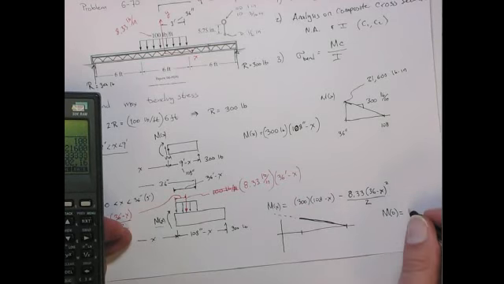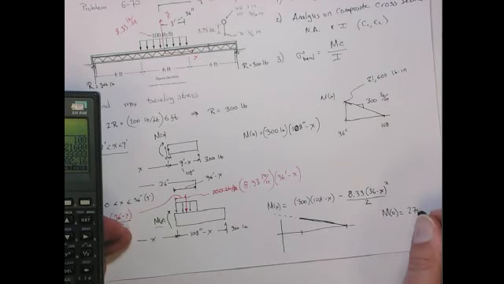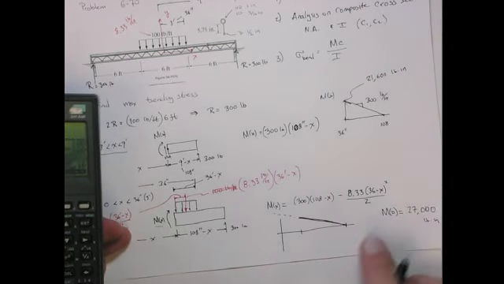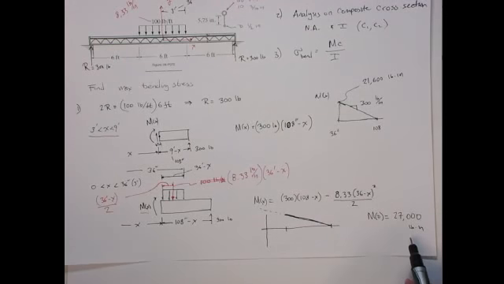Let me just double check that, but I think it drops down to a positive value of 27,000 pound inches. Okay, so it's 2,700 pound inches.